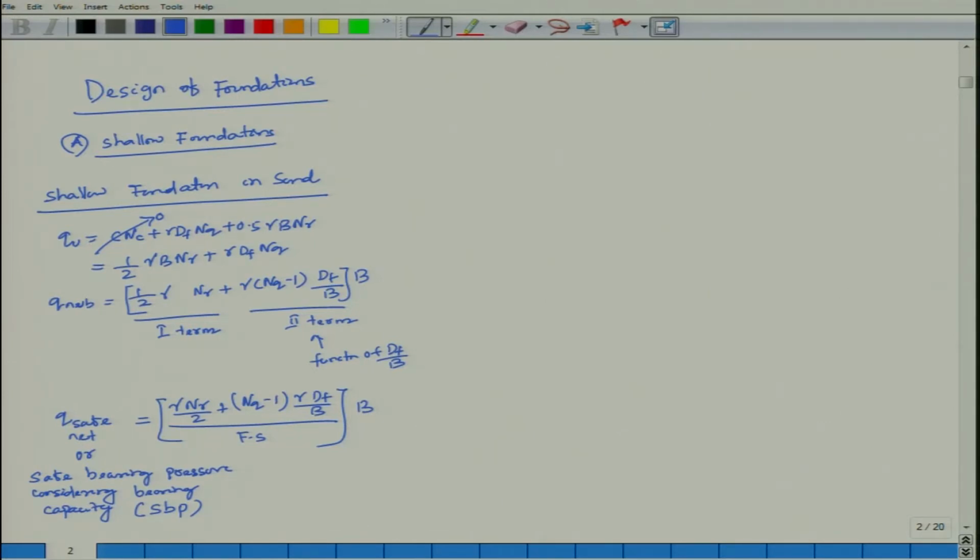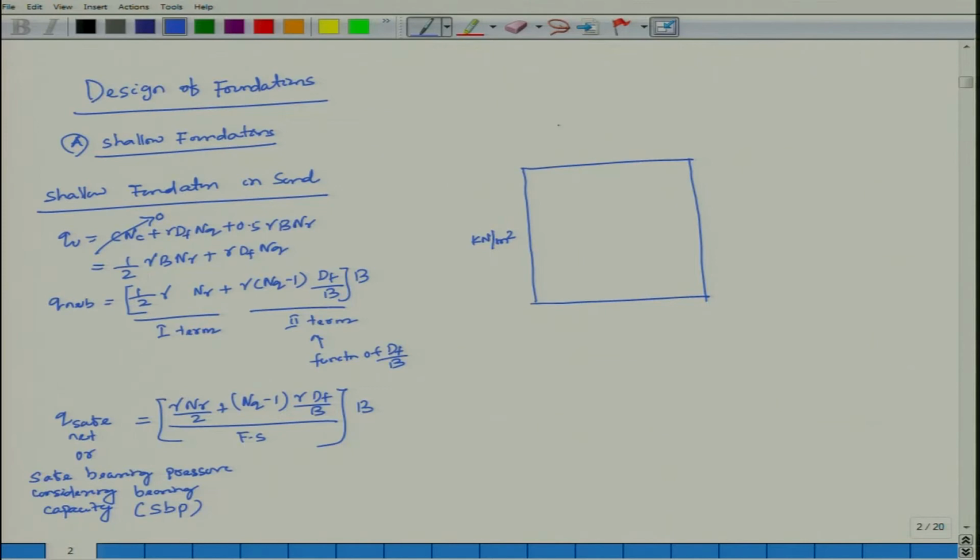Now, if I plot it, how does it look? SBP versus B, in kilonewton per meter square.